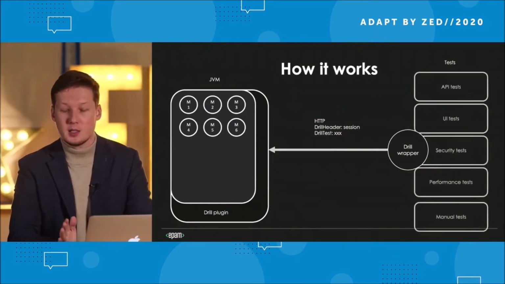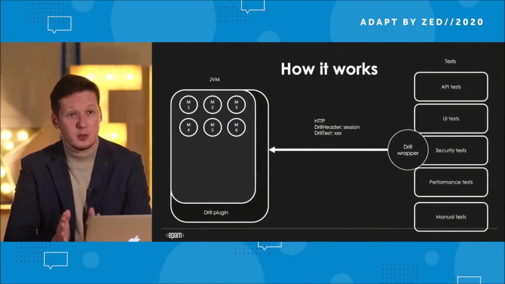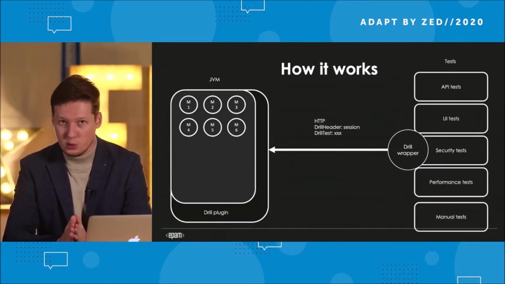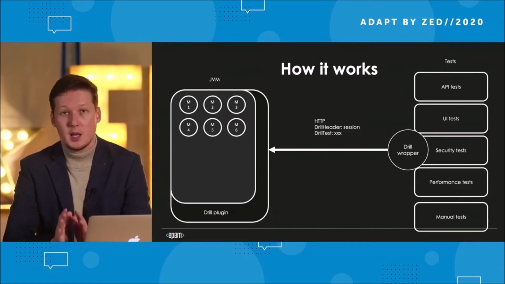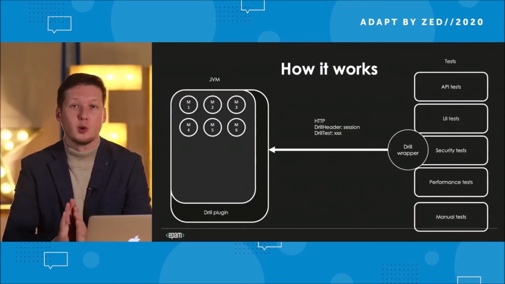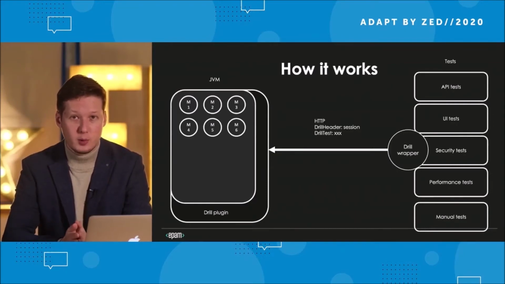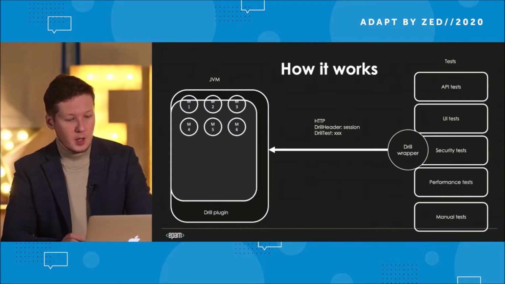Which means you can use Drill4j not only for API tests, but for any sort of test cases: API, UI, security tests, performance tests, and, as I showed you, for manual test cases right from your browser as well.